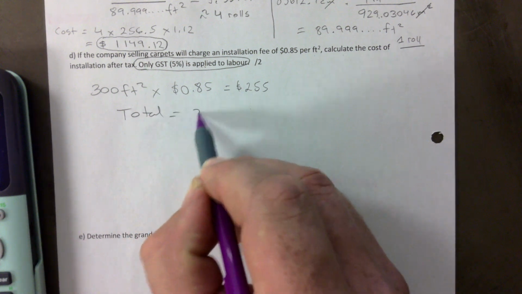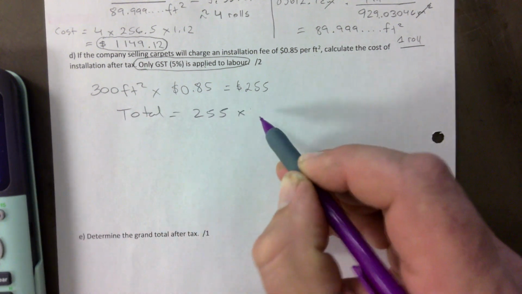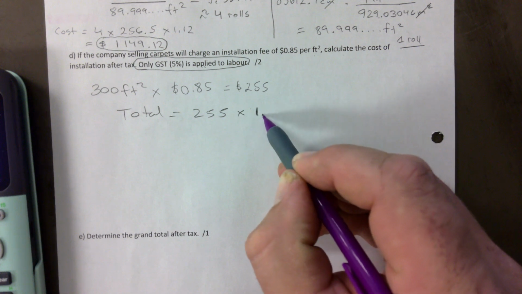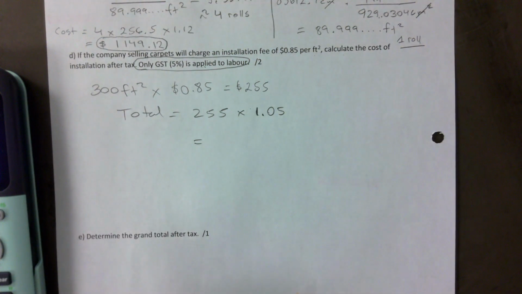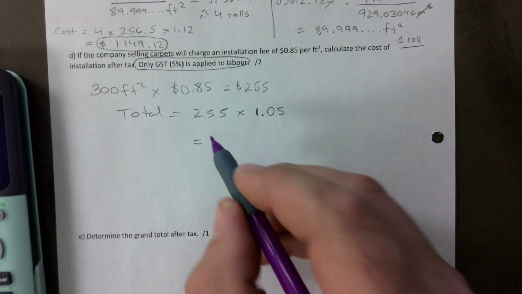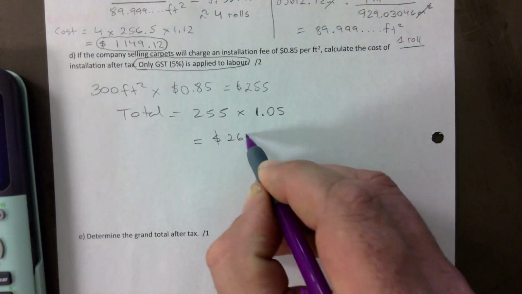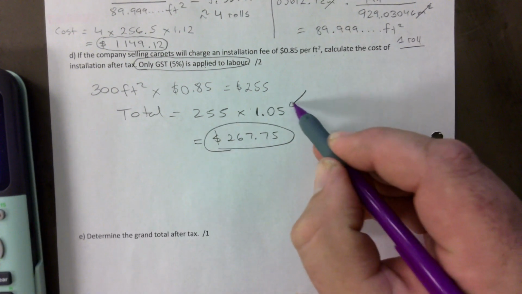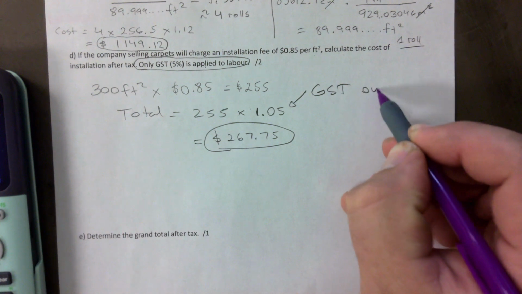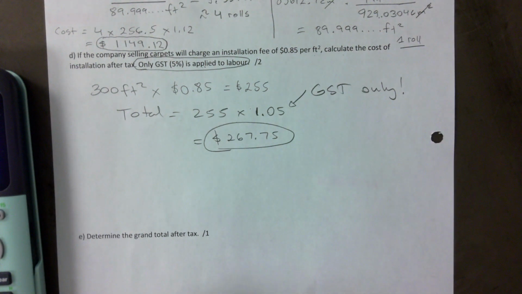Total is 255 times 1 point what? Oops, not 0.5, 1.05. 267.75 is the installation. Okay, GST only. Make a note.